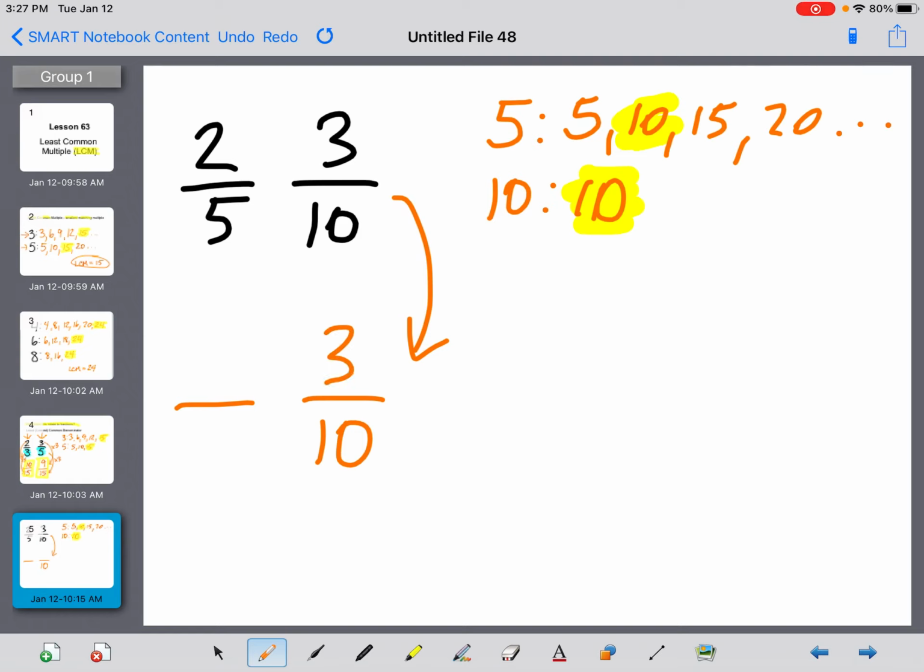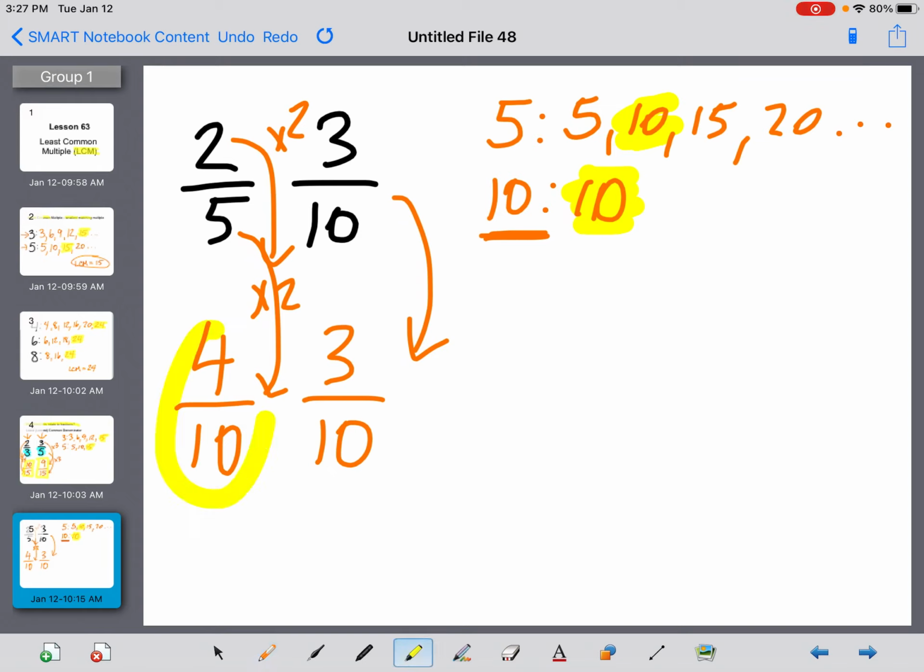So I can actually just rewrite that fraction. And the only fraction that I actually need to change is this one by multiplying by 2. And we end up with 4/10. So just to be aware that sometimes the least common multiple can actually be the first number, so the number multiplied by 1, and you might only have to change one of your fractions. So hopefully that makes it clear for you.